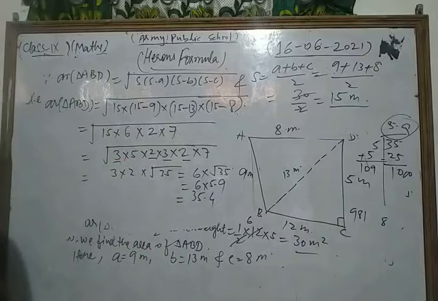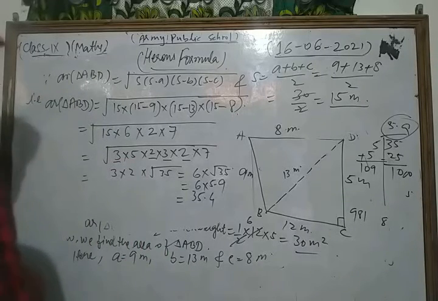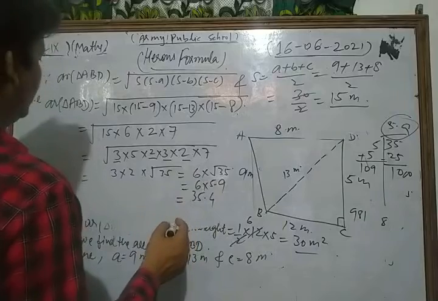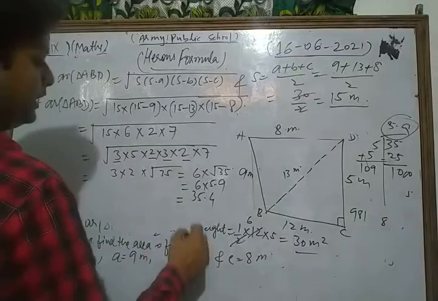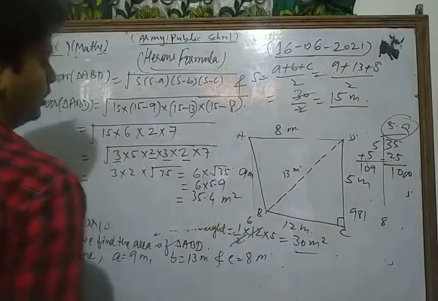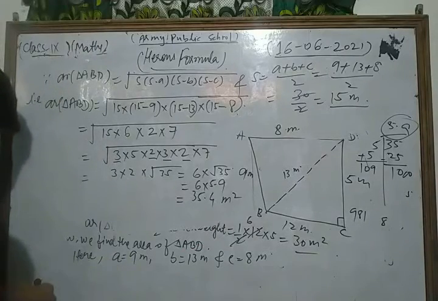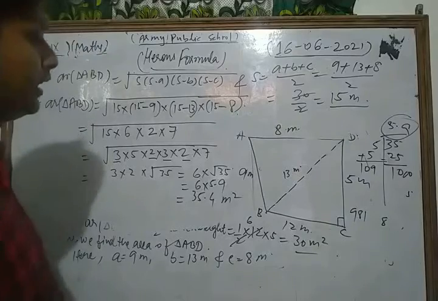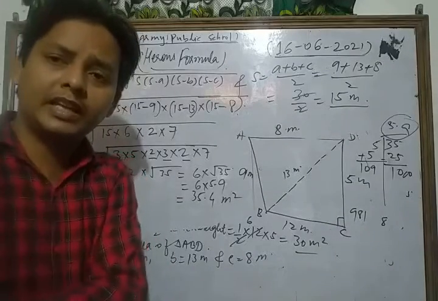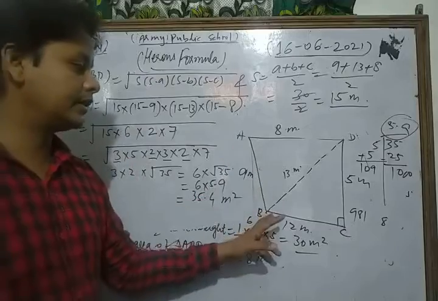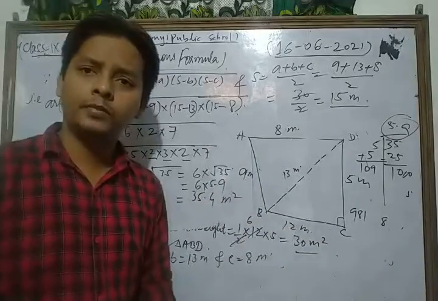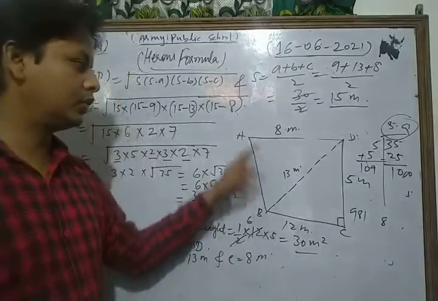Okay, dear students, in this way we find the area of triangle ABD, 35.4 meter square, as well as the area of triangle BCD. Now we add them, hence we find the area of quadrilateral ABCD.